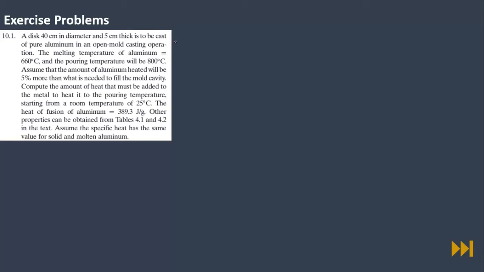So if we remember the formula that was required to calculate the heat supplied to achieve the pouring temperature, that was equal to rho V, the density times the volume, times the specific heat in the solid state and the temperature difference, plus heat of fusion, plus specific heat in the liquid state.